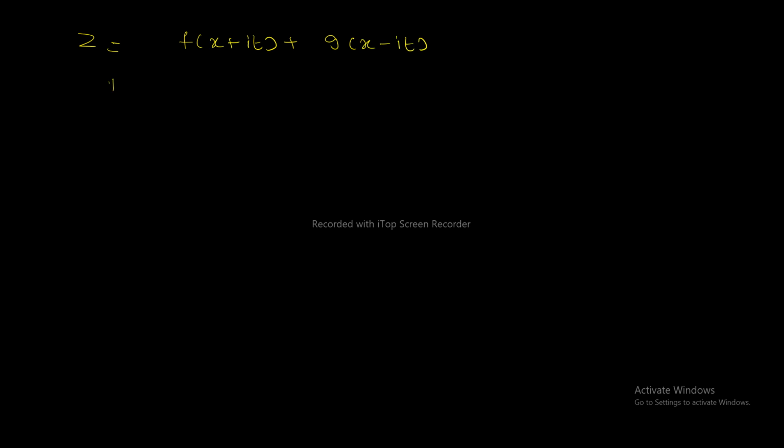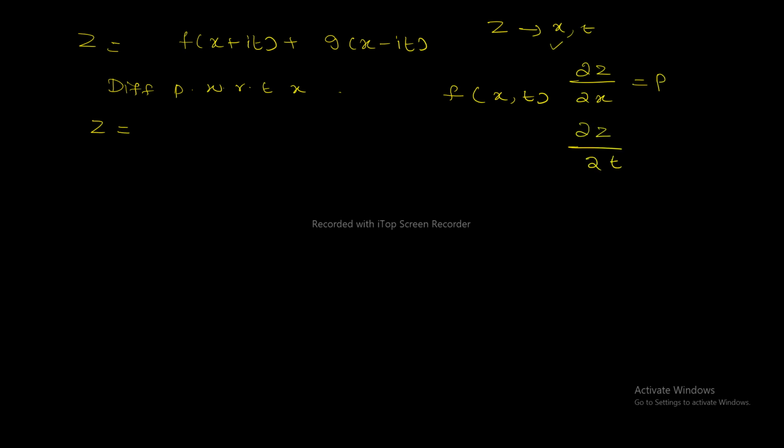Now differentiate partially with respect to x. What are you going to get? Here you have z is a function of x and t. So you have to differentiate with respect to x, that is dou z by dou x. I'm going to use this as p, and dou z by dou t. Here your independent variable is t, not y. Okay, so that is equal to q.